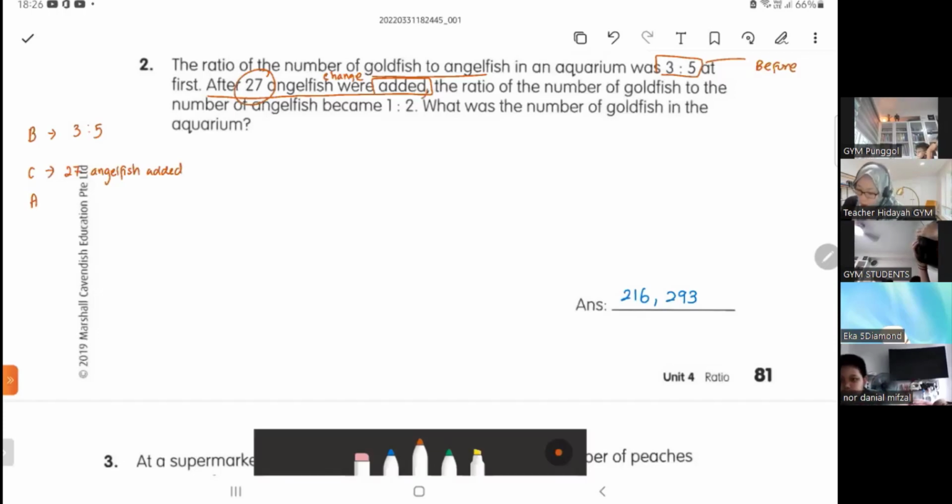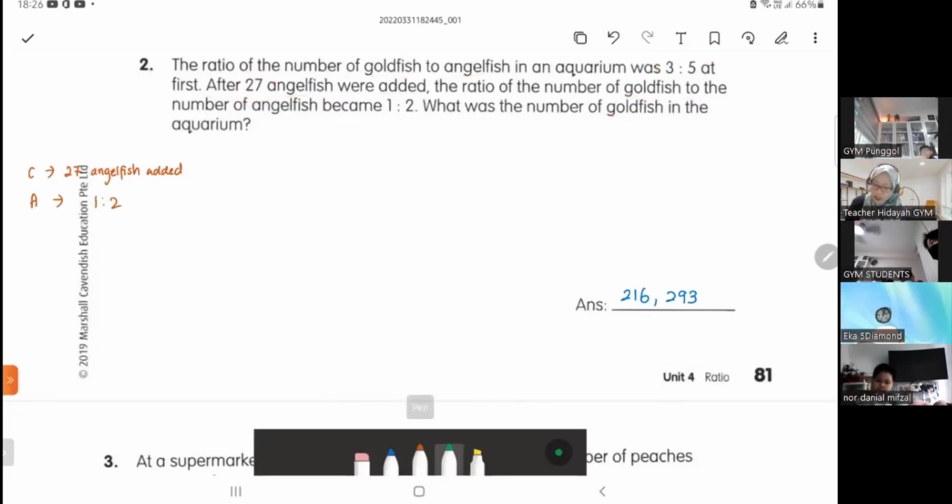There's a comma, the ratio of goldfish to the number of angelfish became. Whenever you see the word became, it tells us what happened in the end. After the whole change has taken place, this is what happened to the angelfish and the goldfish, okay? They became 1:2. Right? So they're asking what was the number of goldfish in the aquarium.